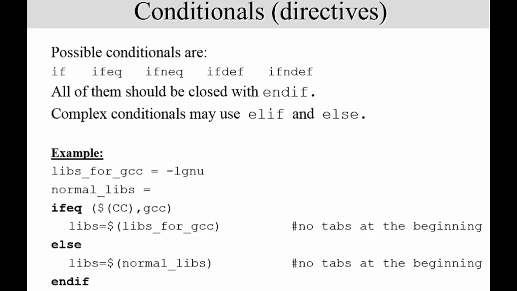So notice that there are no tabs at the beginning, these are just assignments. So when you specify the particular target and the dependency and then the actual command, based on what gets executed, it automatically replaces one of them.